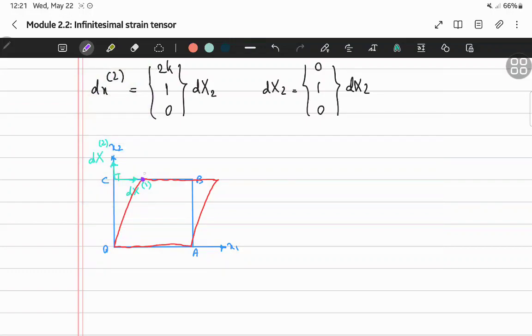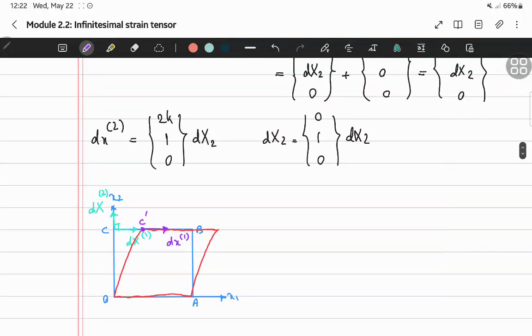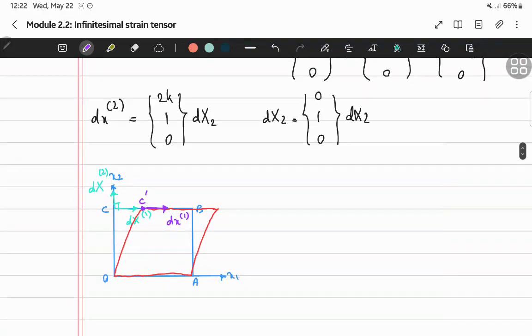So then this is C prime. dx1 remains the same, but here for dx2, you can see that the x component of dx2 is going to change. Here it becomes multiplied by 2 and then it becomes 1. So it becomes something like this.